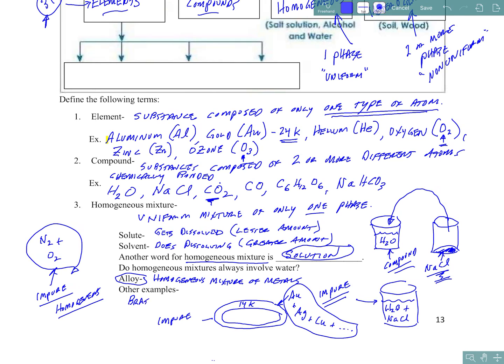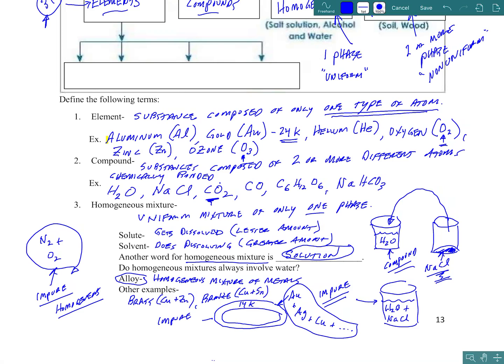Other examples of alloys would be brass. This is an alloy of copper and zinc. Bronze is an alloy of copper and tin. They're homogeneous. They aren't layers of copper and tin.